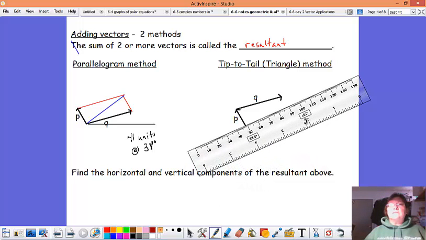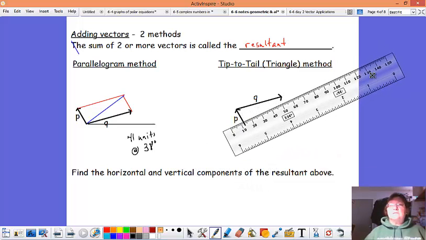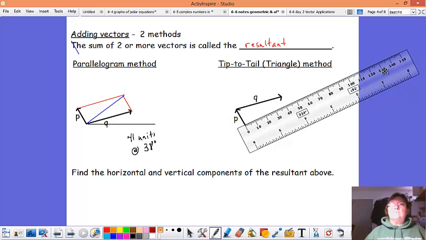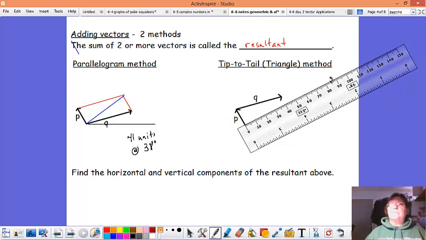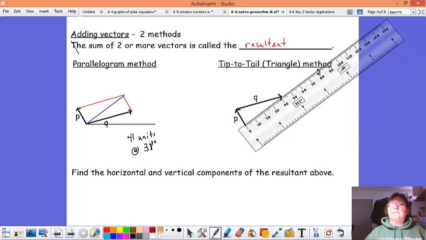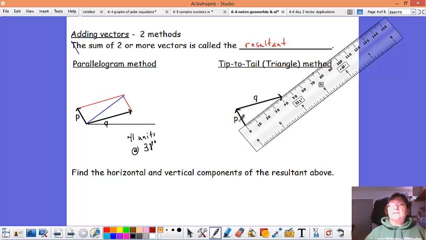And to get the resultant here, what we do is just connect from the initial point of the first vector to the terminal point of the second. And let's get back in some color so that we can see what we're doing here. Yeah, it looks like it's about 41, so we've got that part nailed.